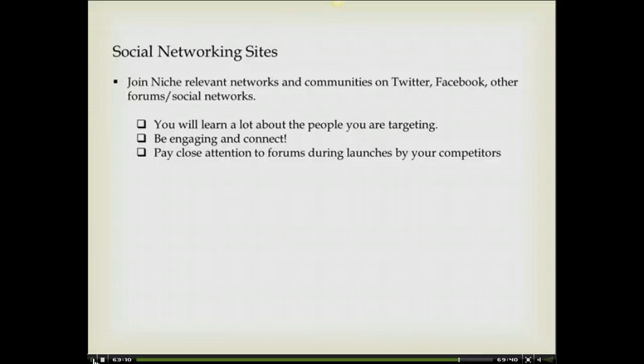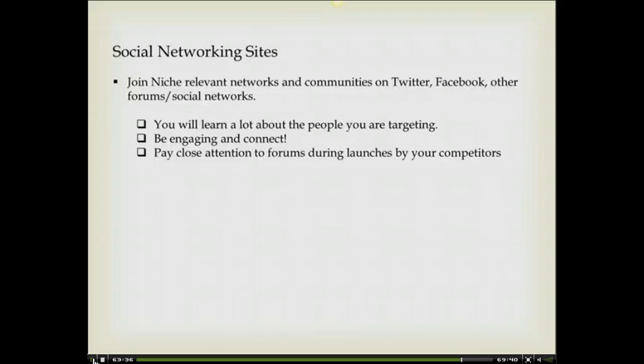By using social networking, you're going to learn a lot about the people you're targeting. Make sure that you are engaged and connect with the people that are there. And pay close attention to forums, especially during launches by your competitors. When your competitor does a launch and their product is similar to yours, go in there and pay attention, because people will go in there immediately after a launch and they will begin complaining.